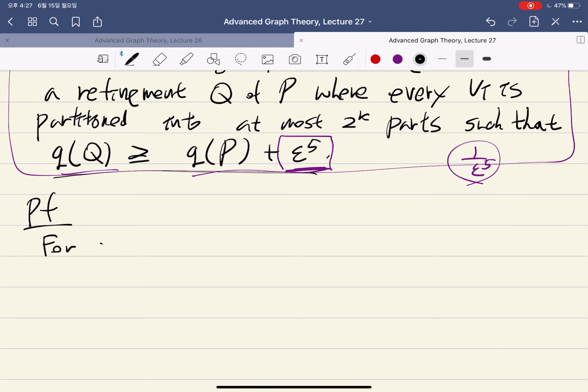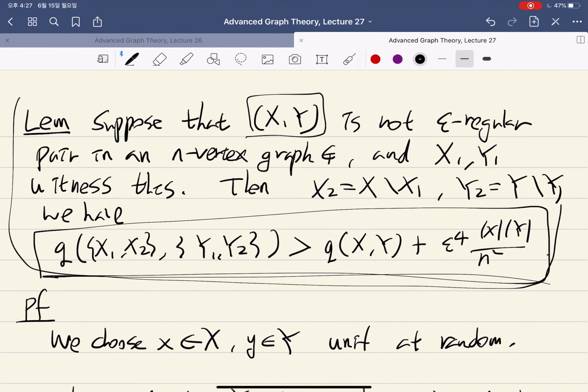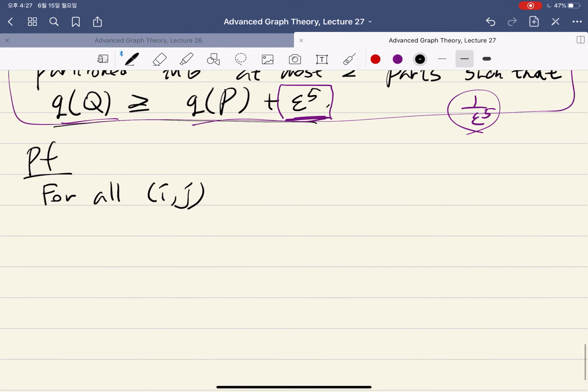So how do you do it? It's for all ij. For a specific pair, this lemma already tells us how to deal with that specific pair, but there could be many pairs.